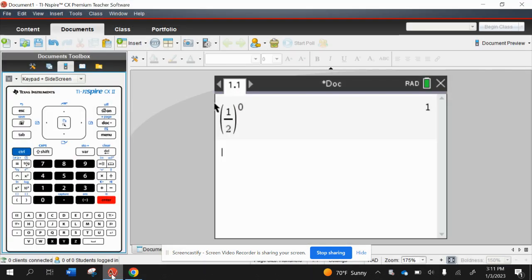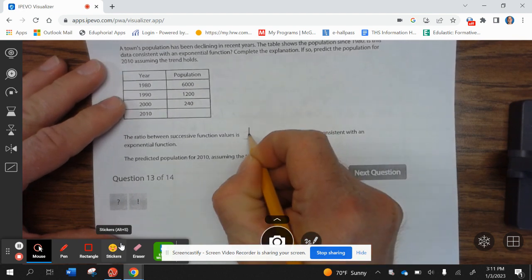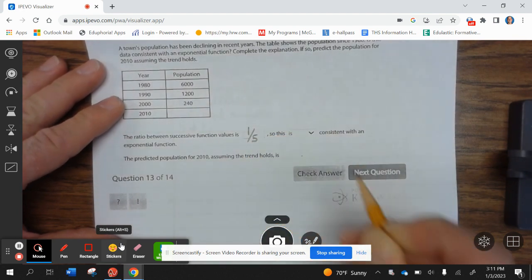So to find that, we're going to use our calculator. We're going to do 1200 divided by 6,000 is 1/5. And then we're going to do 240 divided by 1200 is 1/5. So the ratio is 1 divided by 5.